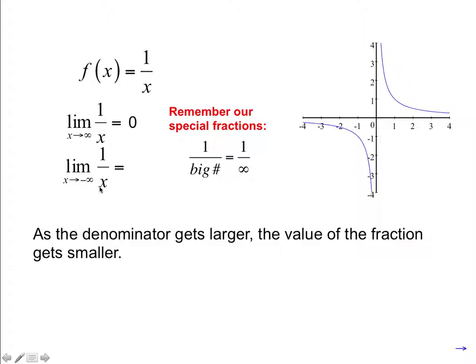So if you think of this as negative and far away from 0, so I'll call it a big negative, that leaves us with a really small negative number. So again, as we're trending in towards the left, towards negative infinity, our y values are also going to 0.